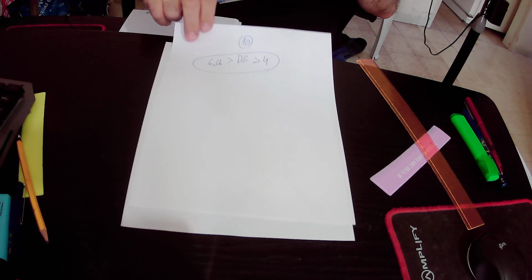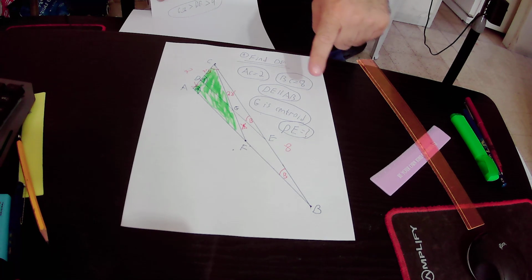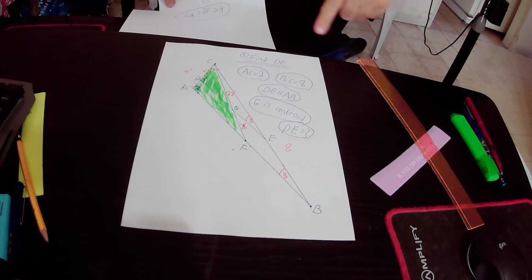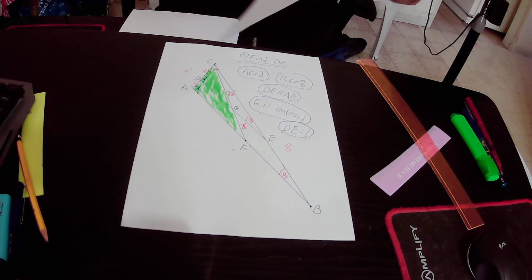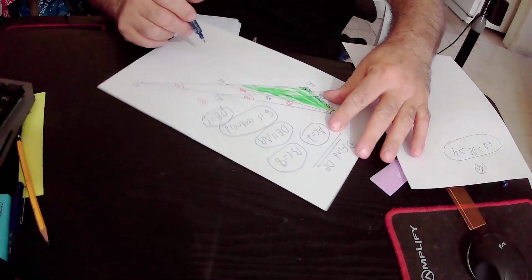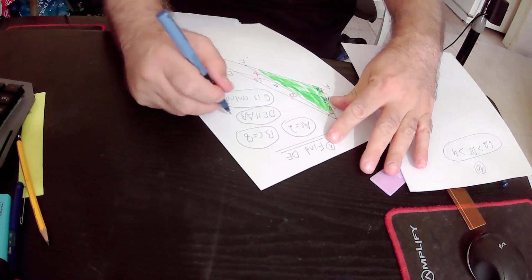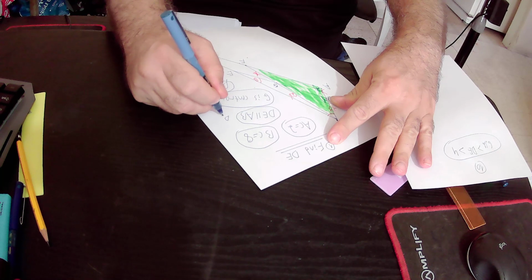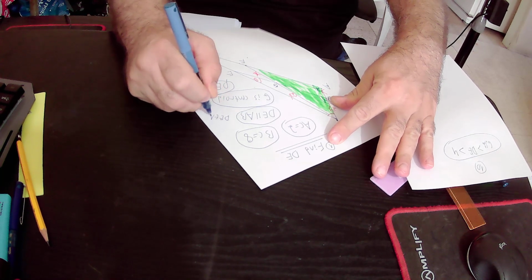But we also know, it is given in the question, that DE belongs to the natural numbers. Maybe I didn't write it, but it is given in the question that DE belongs to the natural numbers.